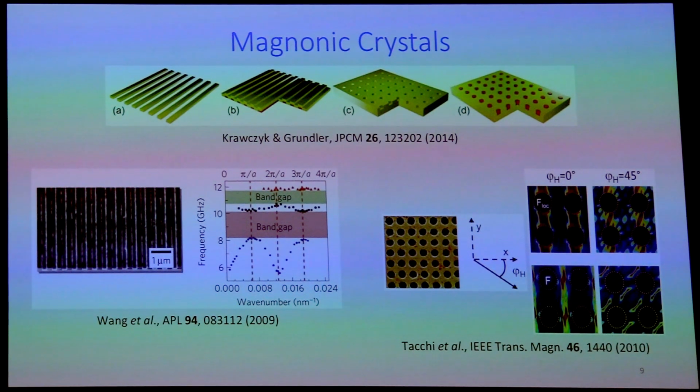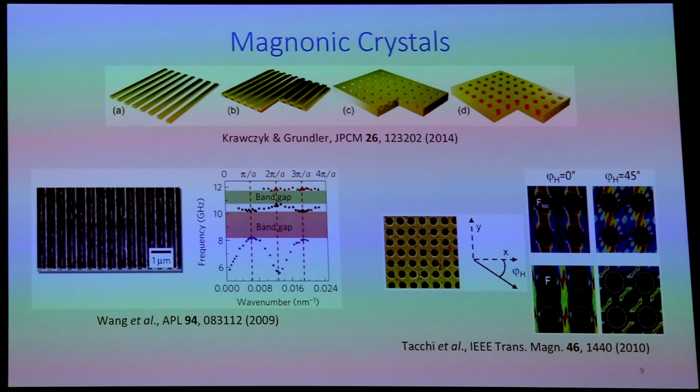So to study the transport of spin waves, there's been a lot of research on how to realize that using magnonic crystals. And magnonic crystals are engineered, sometimes patterned, systems with a spatial modulation of the magnetic properties.